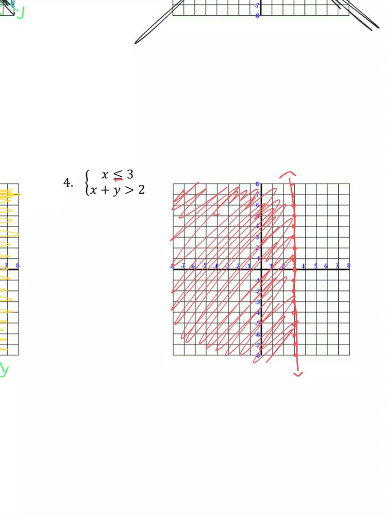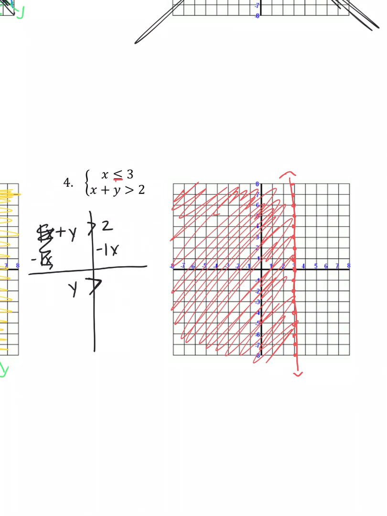Okay, now I'm going to do my next one, and I have x plus y is greater than 2. If there's no number in front of there, there's really a 1. So it's saying positive 1x. So to get rid of a positive 1x, I'm going to subtract 1x. And if I do it on one side, I have to do it on the other side. So now I'm left with y, and then is greater than, remember these are gone, so you're just left with the y.